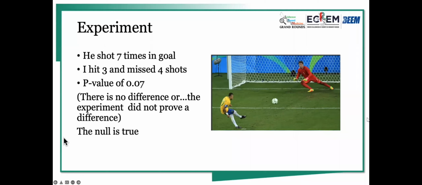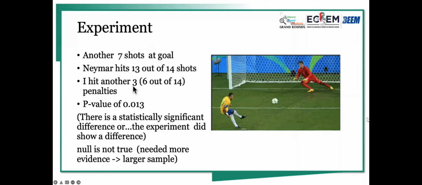Now, I go ahead and I hit the goal 3 times, and I miss 4 shots. And when I run the statistics on this, I have n of 7 for each one of us, 14 shots.